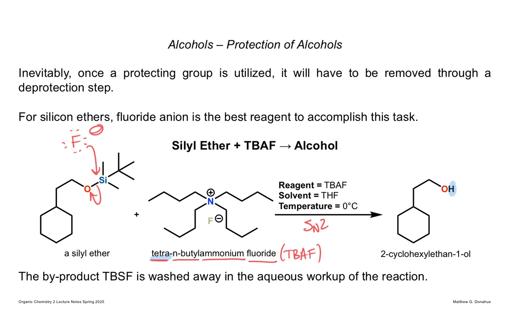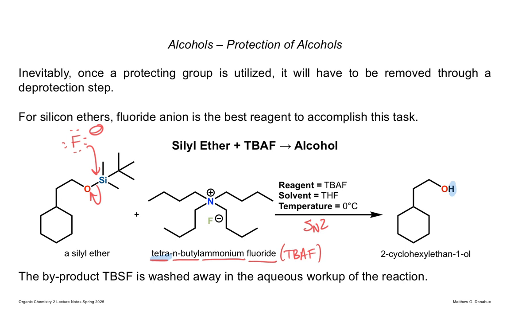Questions? Does the nitrogen connected to it have any effect on the silyl either? Correct, it's there just as the cation for the F minus. There are a lot of reagents where those chains are different. The reason they're so long is that, because you have N plus F minus, that's a salt.